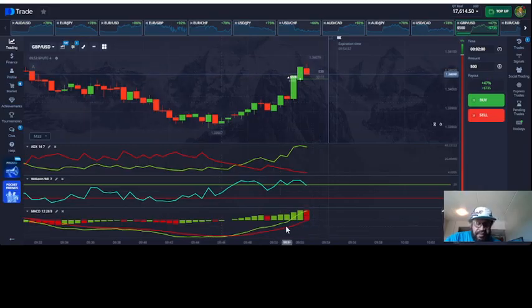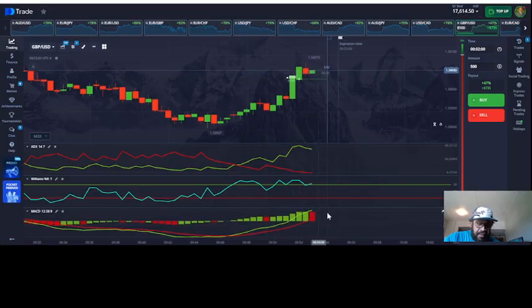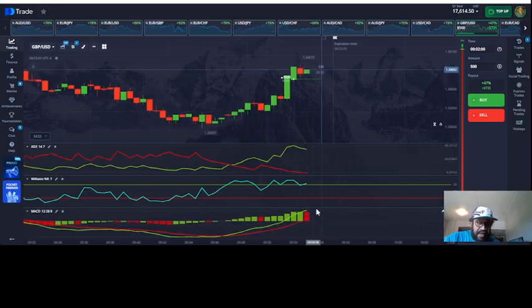And then I began to see the histogram lines showing growing widths, and the MACD lines, both the MACD line and the signal line, sloping in an upward direction. So I went ahead and took the buy trade. So let's monitor this trade and wait for the expiration.